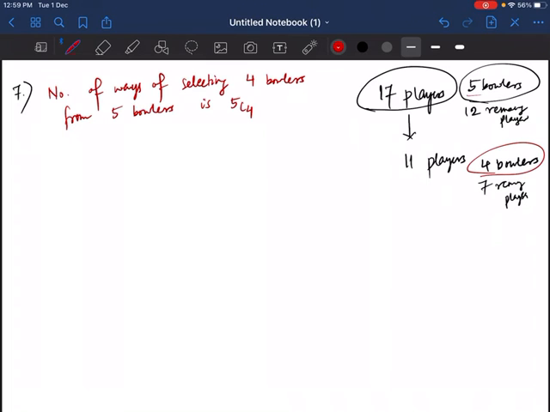Now we have to select the remaining players. Once you have selected the bowlers, now we have to select the remaining 7 players, and we have to select those 7 players from these 12 remaining players only.